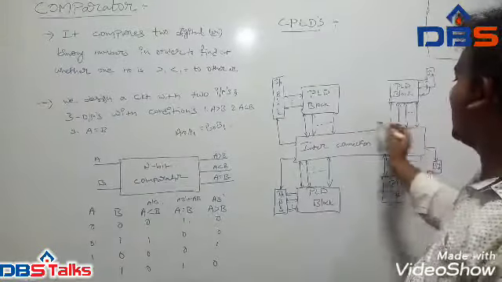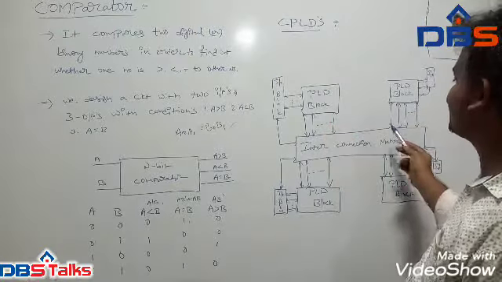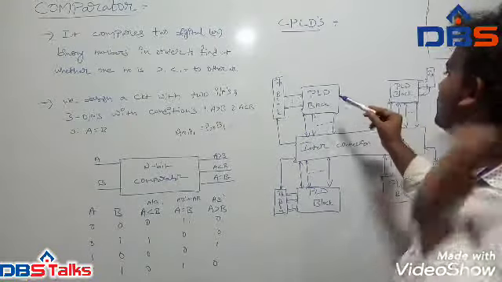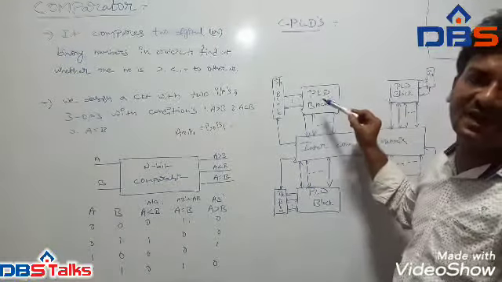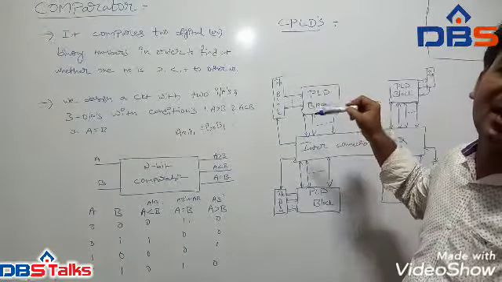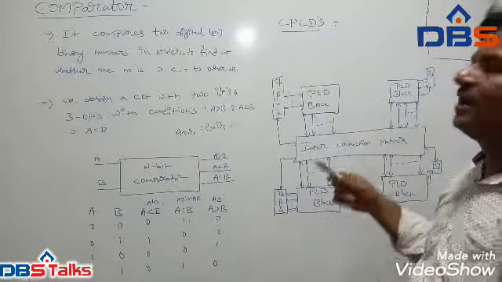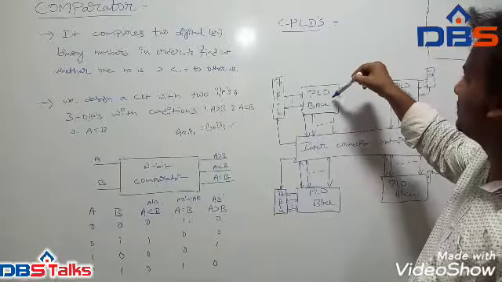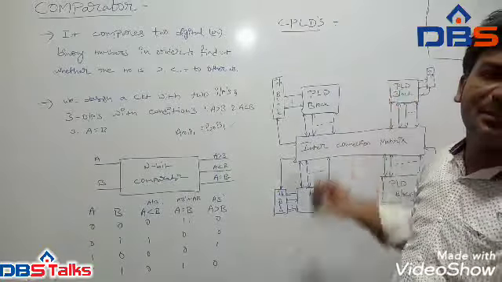Here we have the interconnection matrix, which connects one block to another block. Whatever logic functionality we want for a specific circuit, we have to define that logic function within the PLD block.